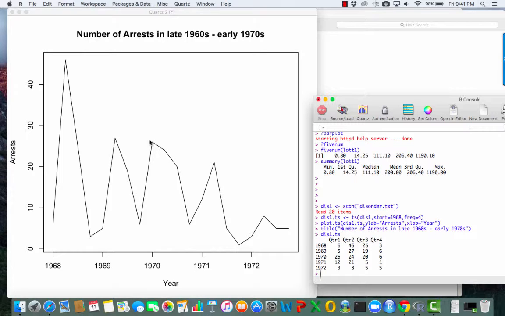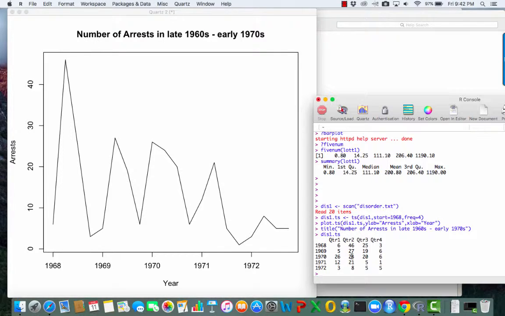Okay, let's look at this time period right here. In May of 1970, so that's quarter 2 of 1970. So quarter 1 and quarter 2 of 1970, again, a lot of unrest dealing with the Vietnam War. In May of 1970, at Kent State, 4 students were shot.